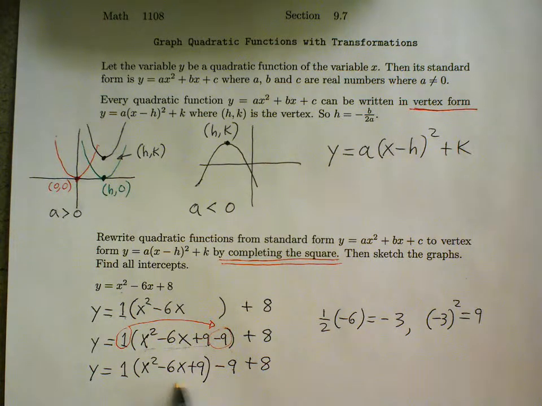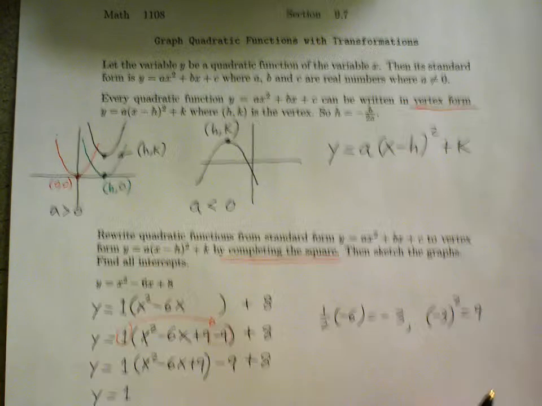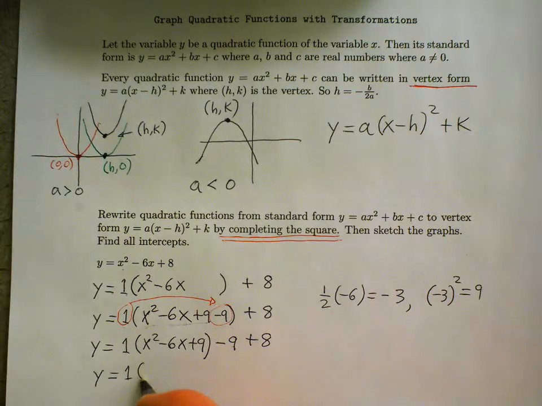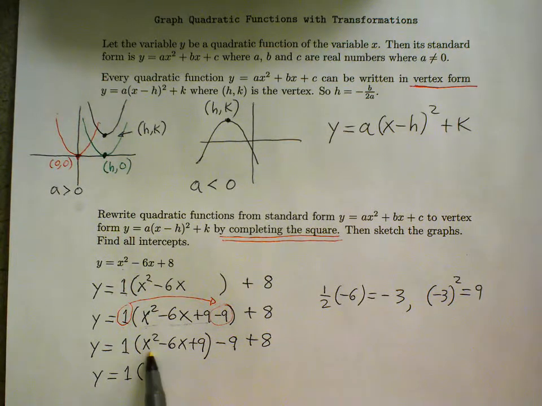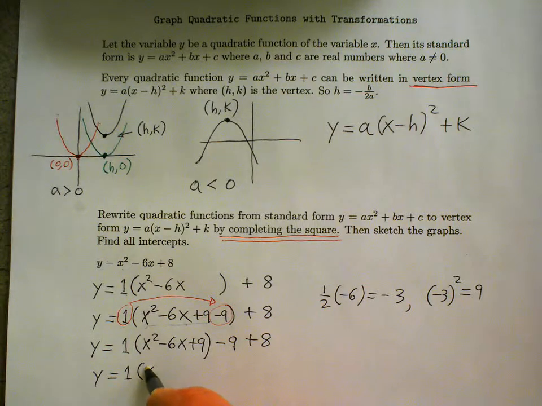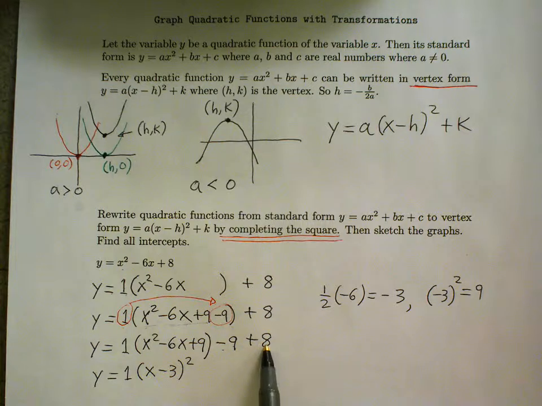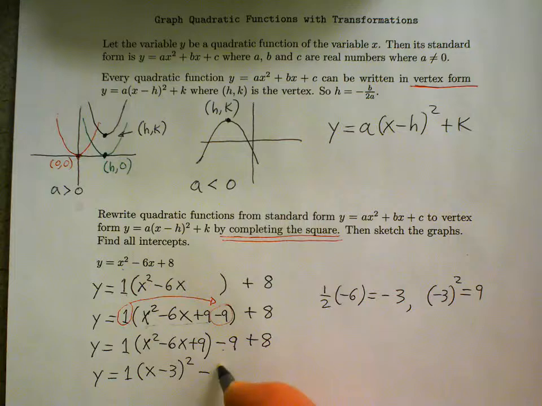In the next step, we can write the vertex form. Y equals 1 times a binomial squared. This is a perfect square trinomial, so we can write it as x minus 3 squared, and then the -9 plus 8 is -1.